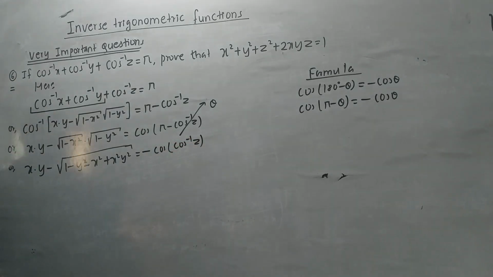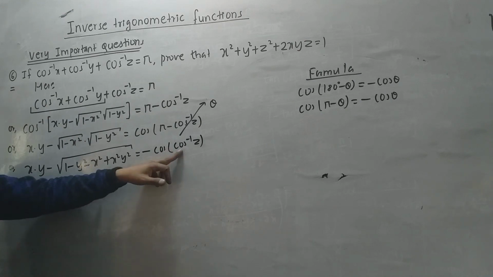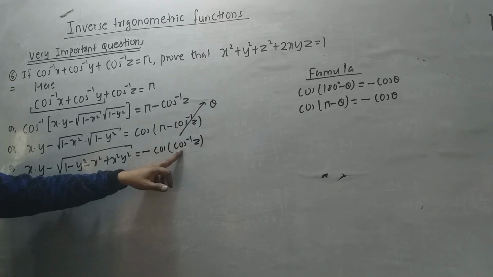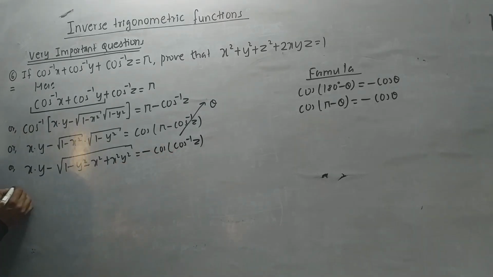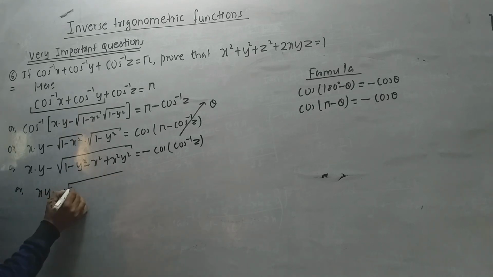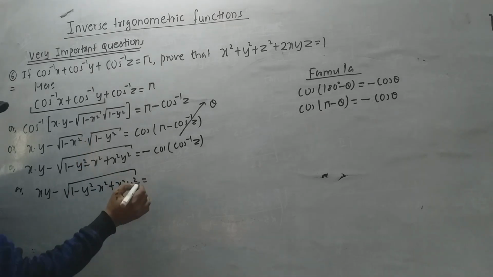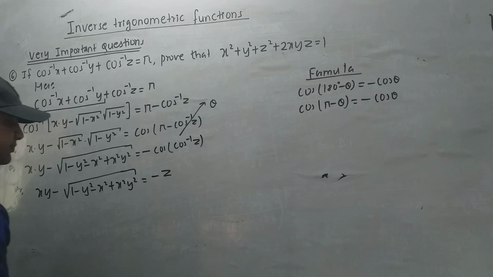After that, this cos and cos inverse cancel the effect of one another. So minus z is left here. So xy minus under root of 1 minus y square minus x square plus x square y square equals minus z.